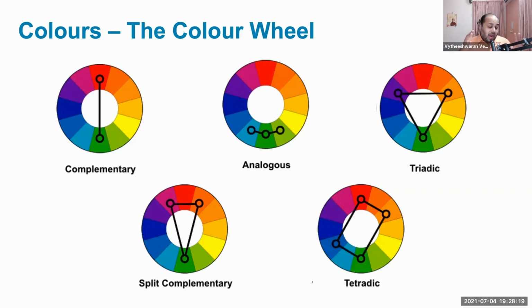Or if you are a real expert, you can go for multiple colors as well, right? These are some of the most common color palettes that you can use. It's very easy to use. If you pick these colors in this particular fashion, the probability of getting a very good visual impact is extremely high.